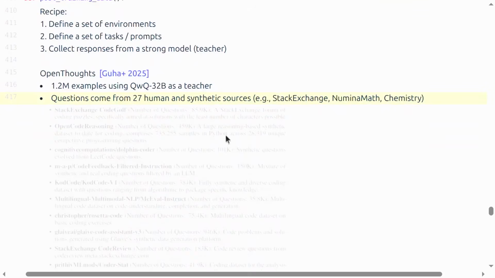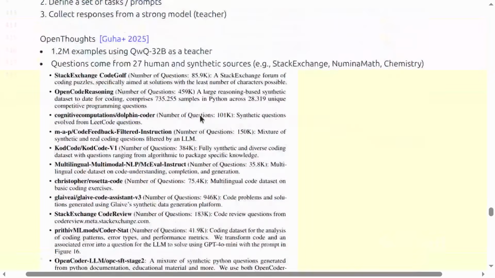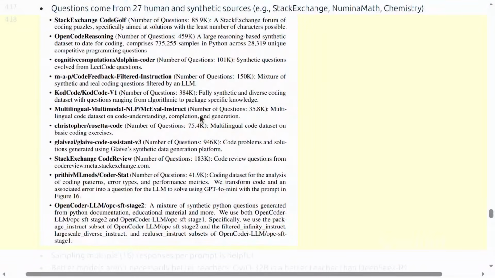So what are the environments, tasks, and questions? There are a lot of different sources that they drew from. There are human sources like Stack Exchange or NuminaMath, and then there are some synthetic sources as well. These are just a subset of the coding ones, but there are also more for math and chemistry. This is a big project that involved contributions from many people.